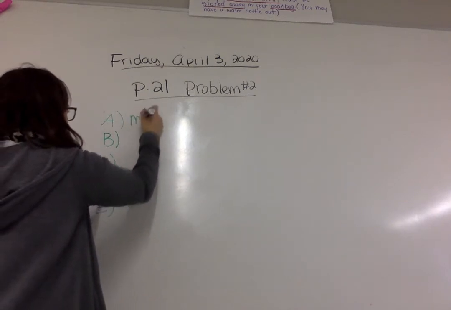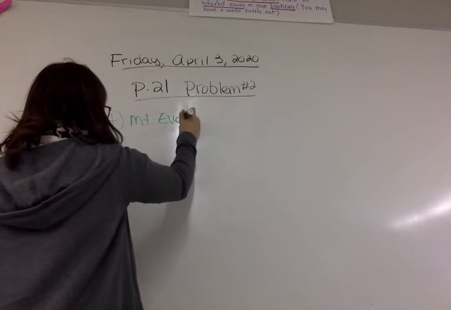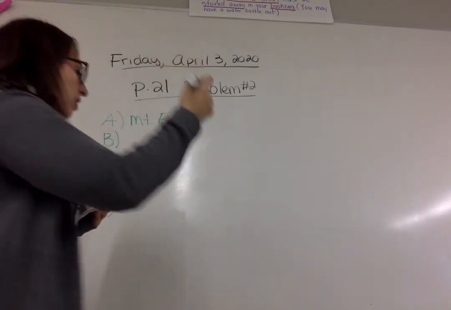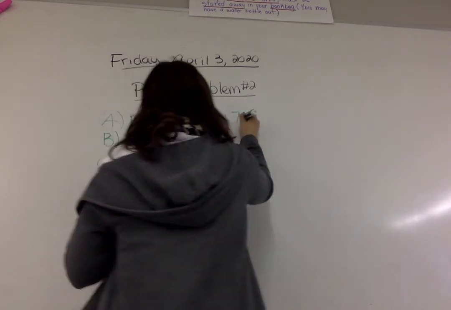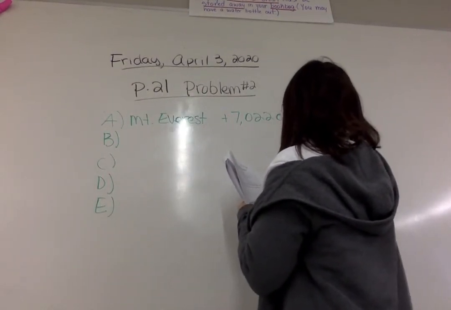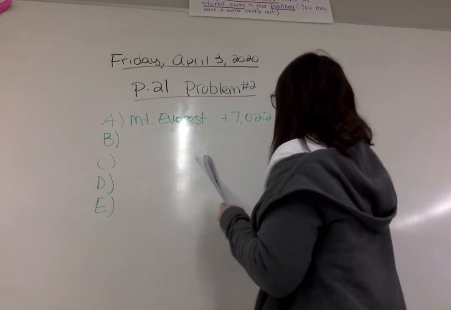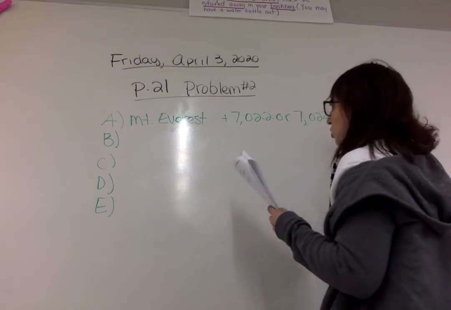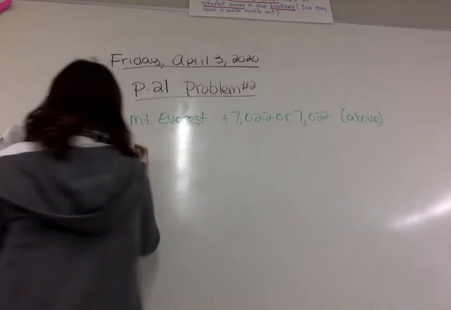First one, Mount Everest. It says above. Above is positive, so we can write this as plus 7,022 or 7,022. Either one is correct because above is a positive integer. Mount Rainier.